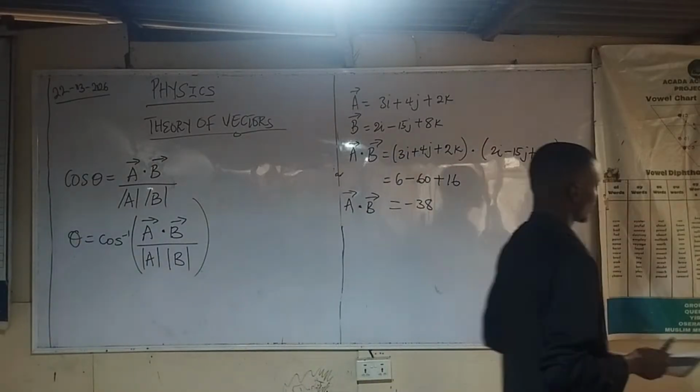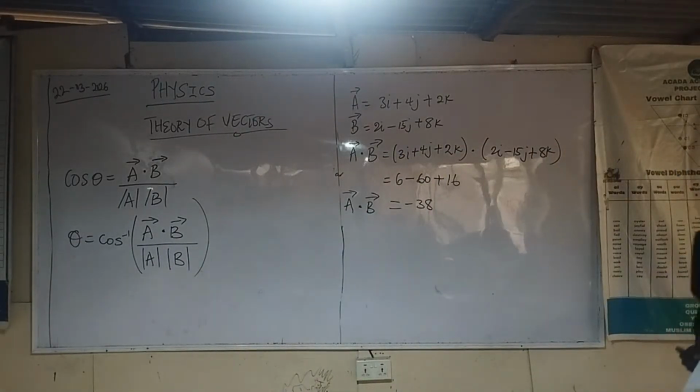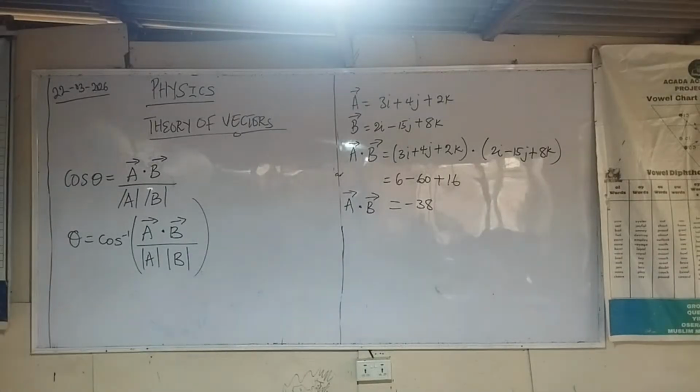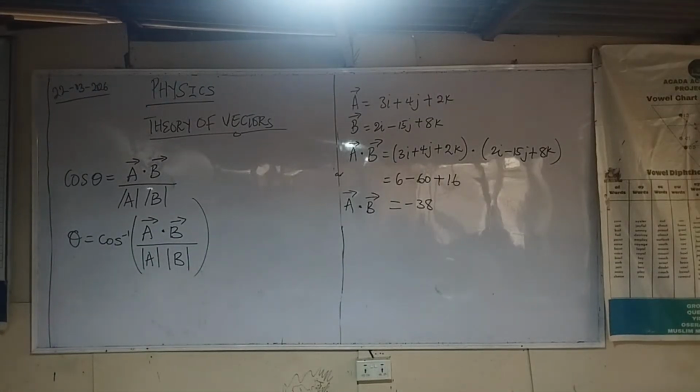Why is it cos instead of sine? In your Cartesian plane, which one is more relevant? You have two dimensions there, x and y.